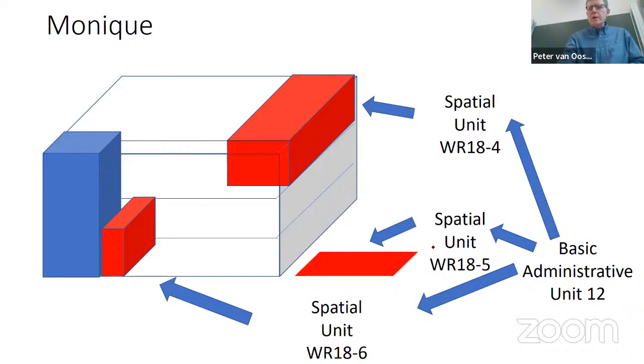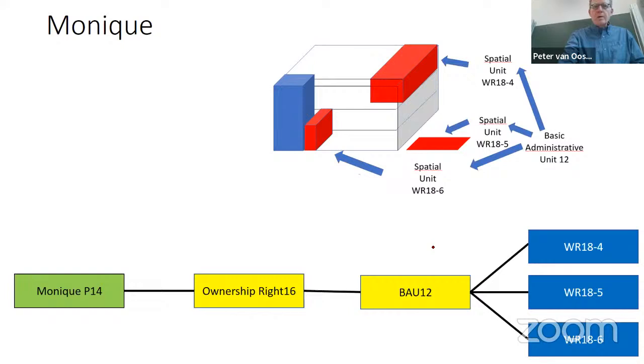And it's a new basic administrative unit number 12. And okay, this is how the private ownership, appartementsrecht in Dutch, is registered. So one person, party number 14, Monique is having an ownership, full ownership, right number 16, on the property, which consists of 3 units.